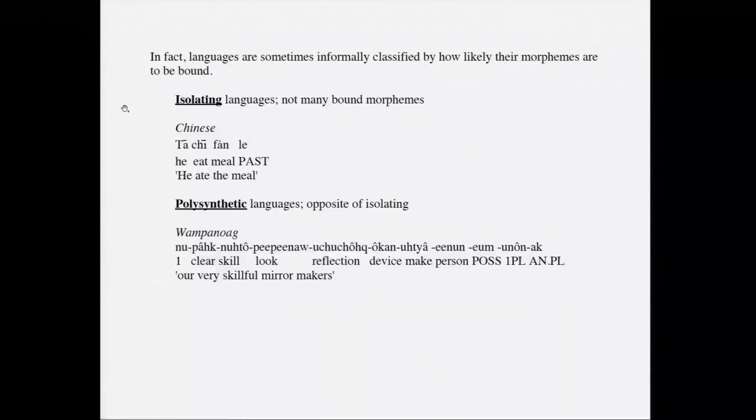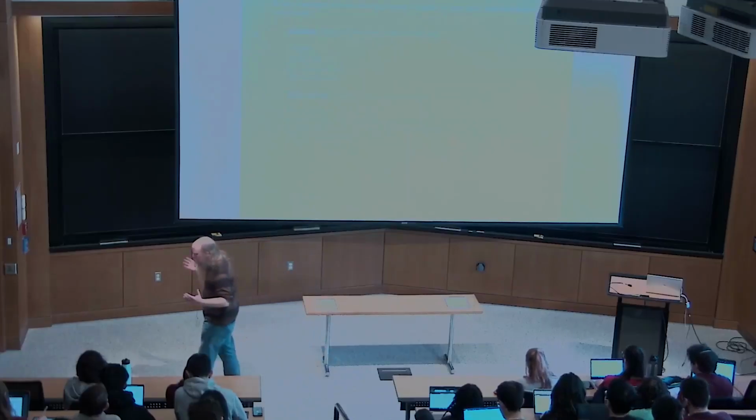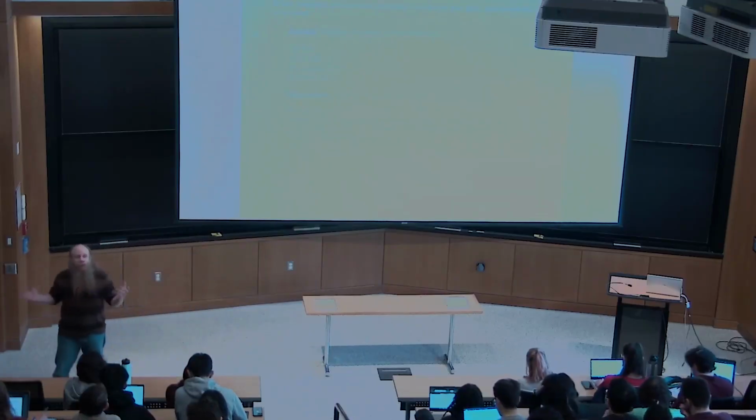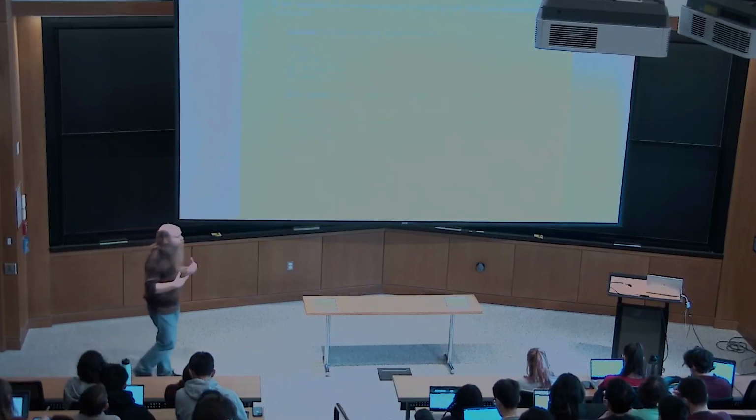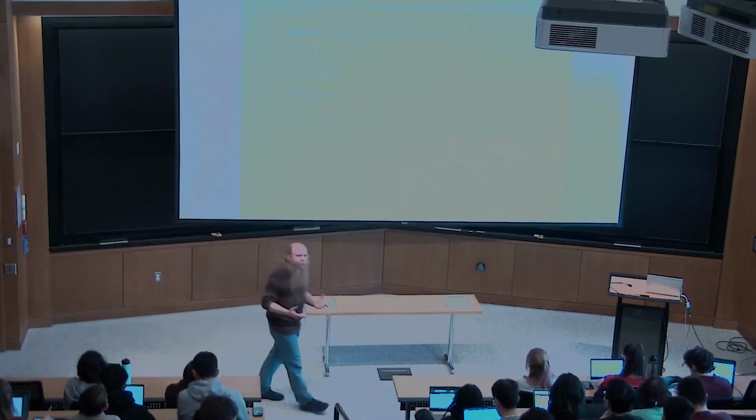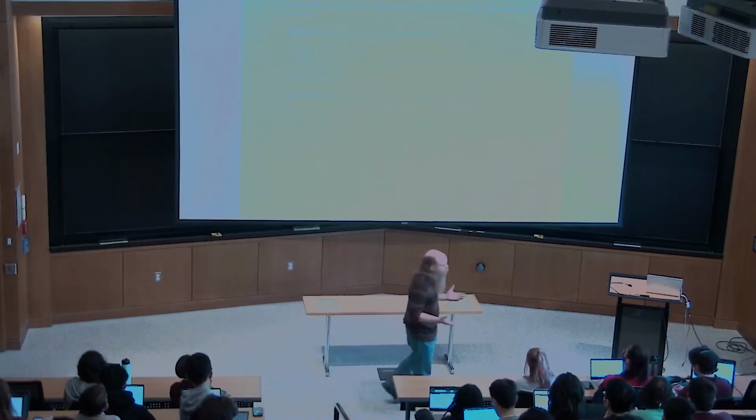Languages are sometimes informally classified by how likely their morphemes are to be bound. When I say that they're informally classified in this way, what I mean is it's probably hopeless to try to tightly define what this means. But this is a quick and dirty classification that you will hear people use.